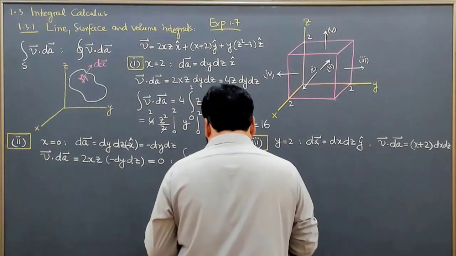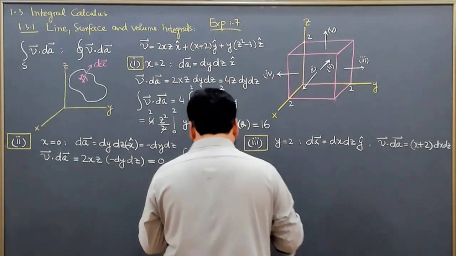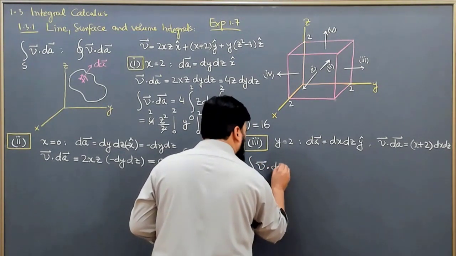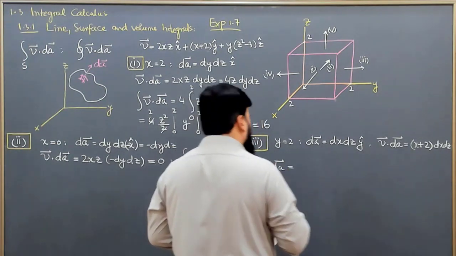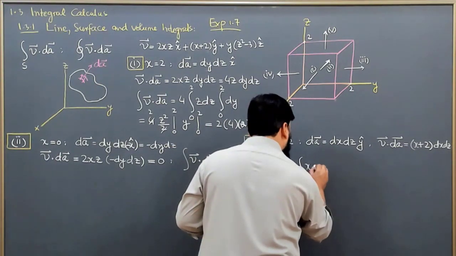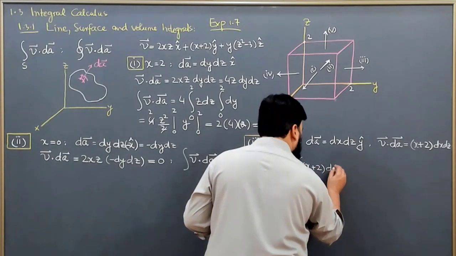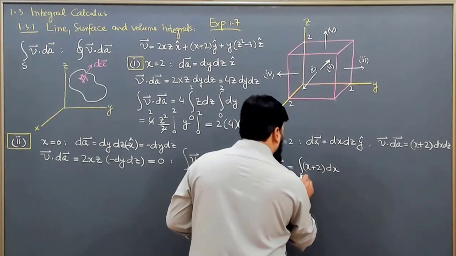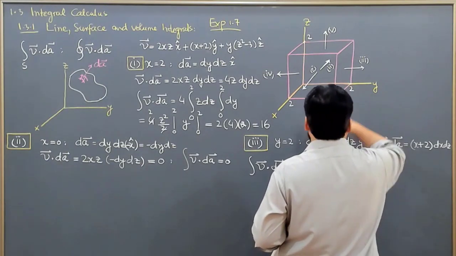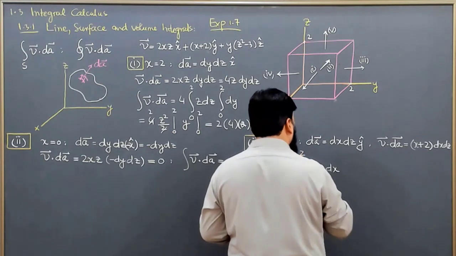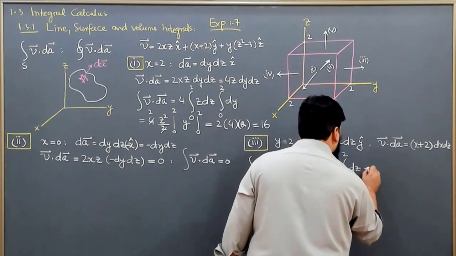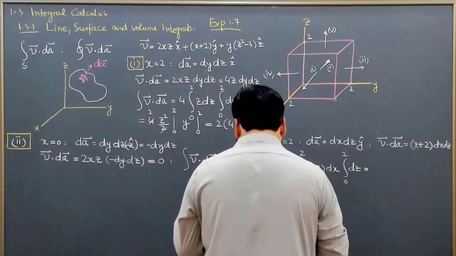So do the integral as well. This is the integral of v dot dA for phase 3. Let me split the two: x plus 2 dx, with x running from 0 to 2, and then dz from 0 to 2, meaning x, y, z are all running from 0 to 2 here.